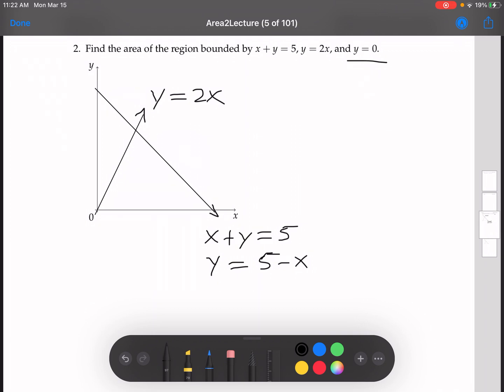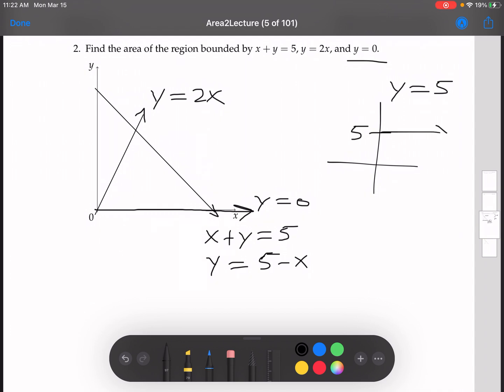So the x-axis, this right here, is y equals 0. You can see why that is real quickly. Remember from previous classes, if you wanted to graph y equals 5, you would go up to y equals 5 and draw that.